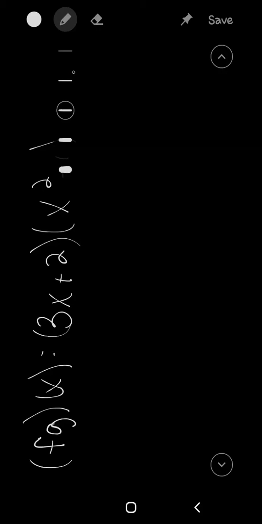In this one, we are multiplying. So we have f of g of x, which is just multiplication. We know f of x is 3x plus 2 times x squared minus 5.